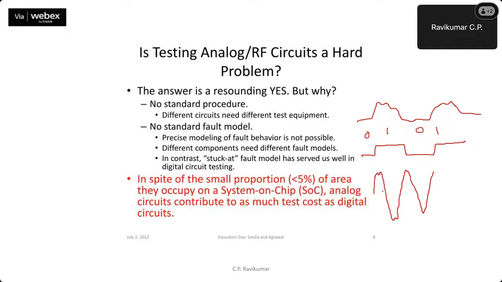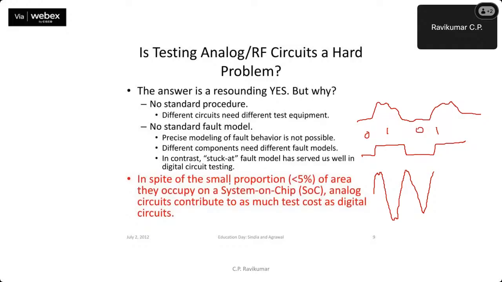But every fault will cause a different impact on that sinusoidal waveform, right? So it's not that there is a stuck-at-zero, stuck-at-one kind of a thing. So that is a problem. Precise modeling of faulty behavior is not possible, and different components need different fault models, right? If there is a resistor, it may require a fault model. If a capacitor, another fault model. If it's an op amp, another. So it's very difficult.